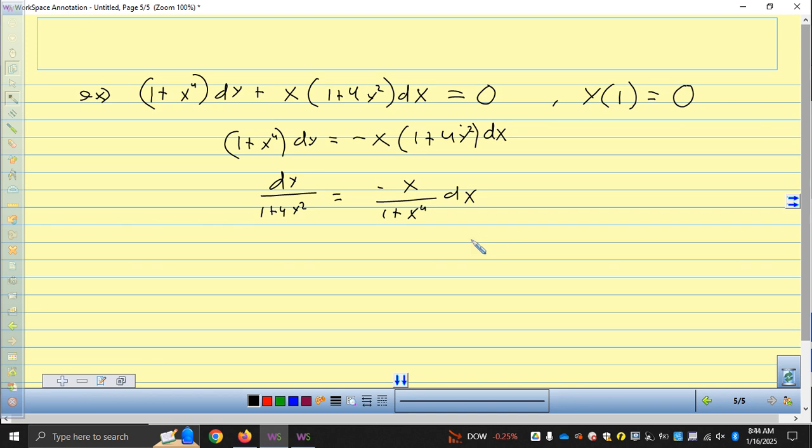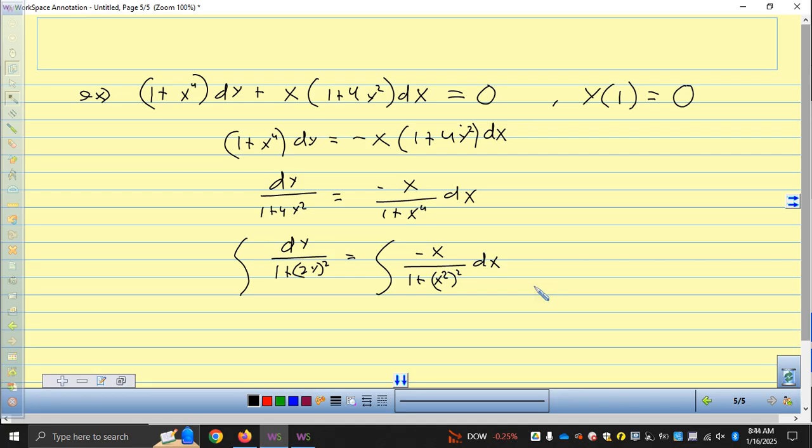I'm going to write out the integrals this time. The integral of dy over 1 plus, and I'm going to write this a little different way, 2y squared, equals the integral of negative x over 1 plus x squared dx. These look a little more familiar.